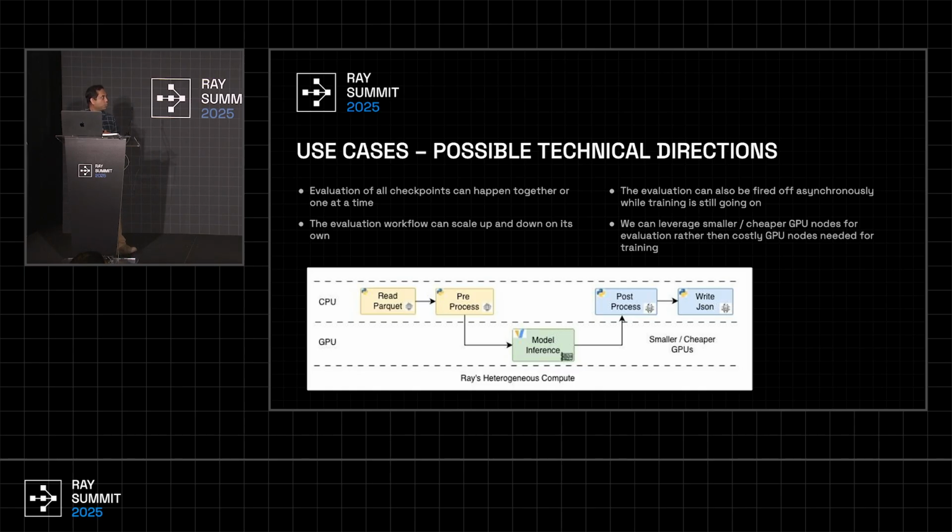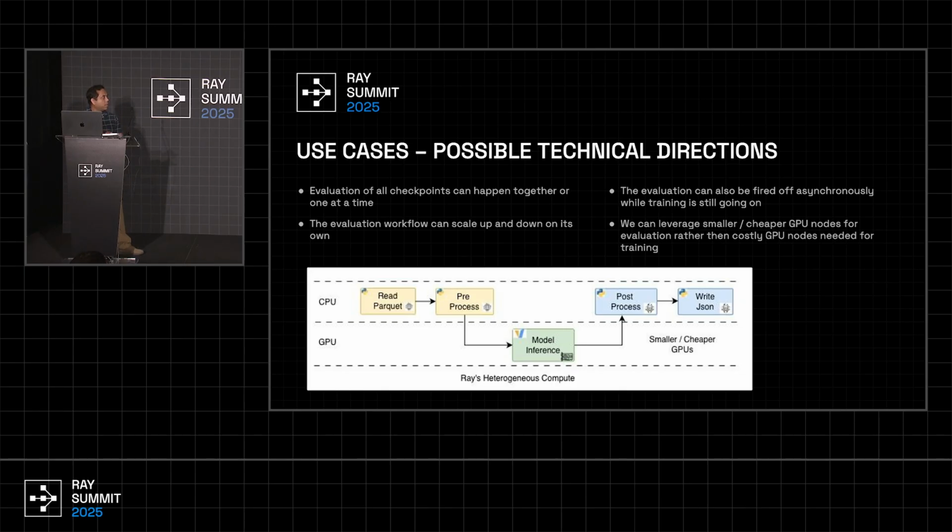Whatever way we choose, we will ultimately come down to the picture here, that we would try to leverage cheaper nodes, smaller scale machines or GPUs, to do the actual evaluation while we reserve the costlier machines for the training.